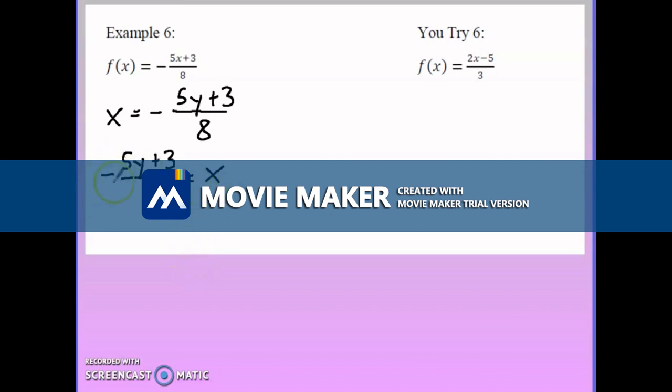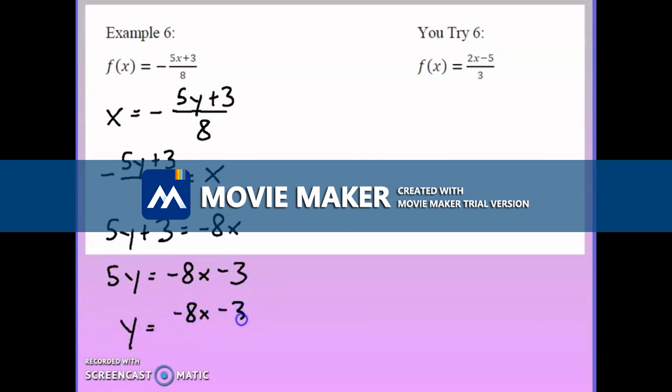All right, so to solve that, we're going to multiply that negative 8 to the other side. So 5y plus 3 would equal negative 8x. Just like before, subtract the 3. So 5y equals negative 8x minus 3. And finally, like we did in the very first ones, that can just become a fraction. So y equals negative 8x minus 3 over 5.